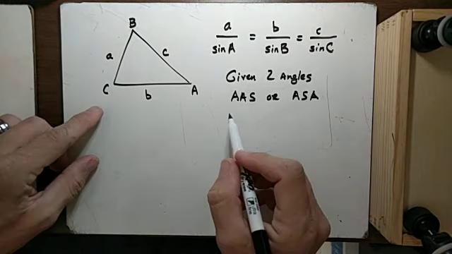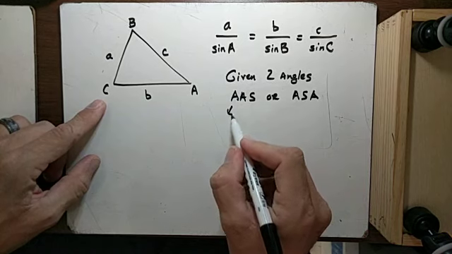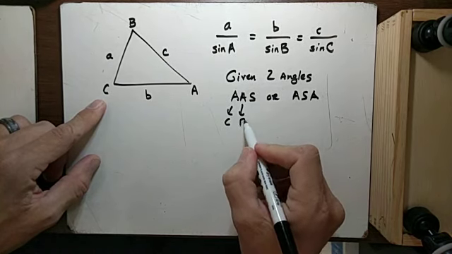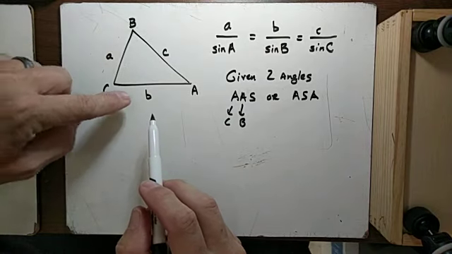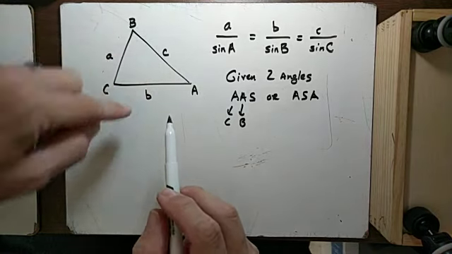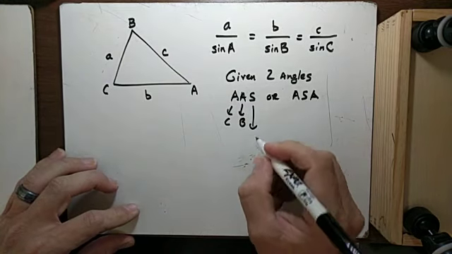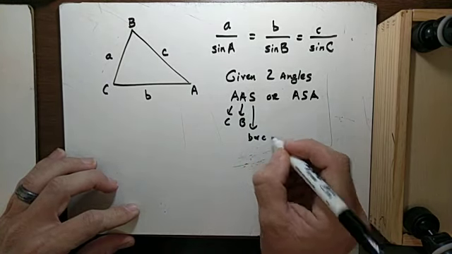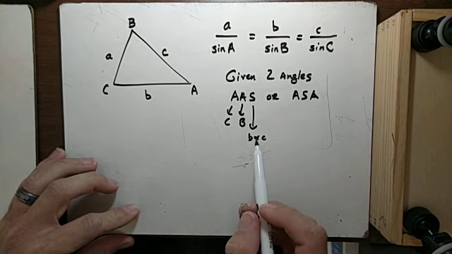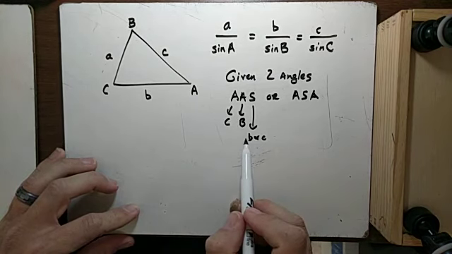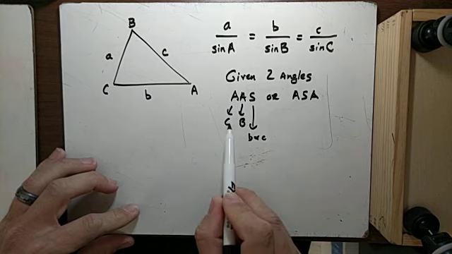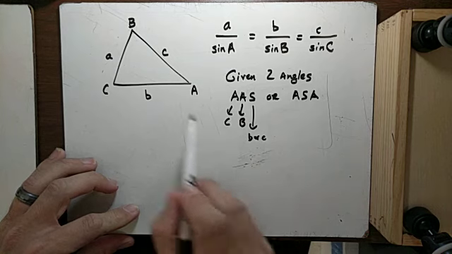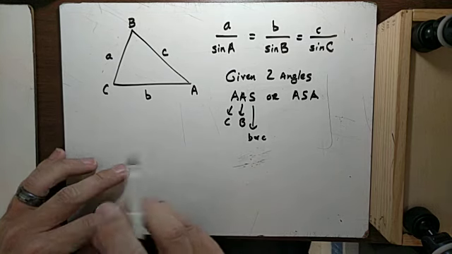So for example, if we had angle C and angle B, then the side that's not between angle C and angle B could be either one of these, right? This could be little b or little c, okay? So in angle angle side, the letters match, right? You either have the side that goes with this angle or the side that goes with this angle. And again, these are opposite from each other in the picture, right?